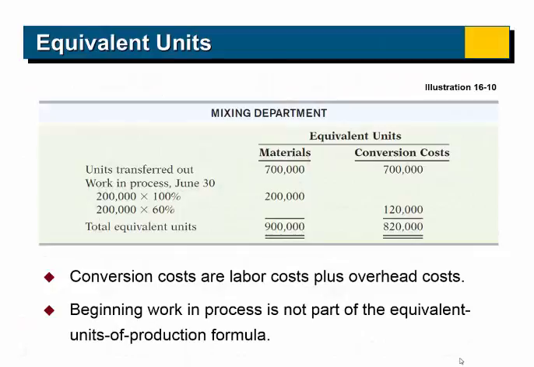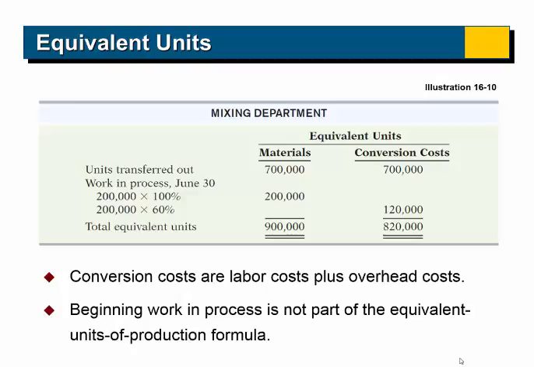So let's review the information given with our example here for Kellogg. In regards to the units, 700,000 of them have been transferred out, and the remaining 200,000 of them are still in work in process.